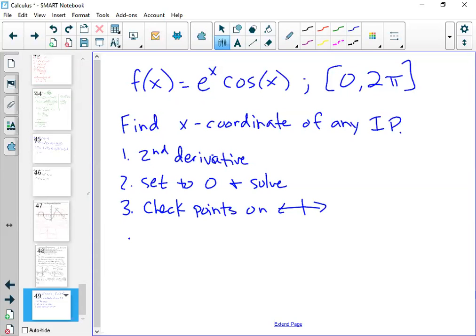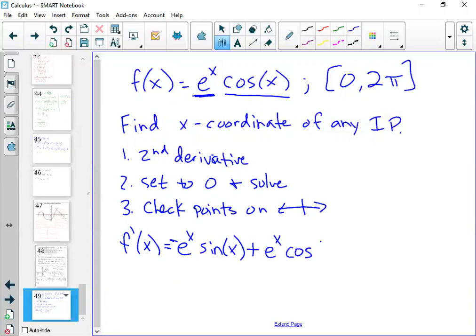So to get the second derivative, we're going to have to take the first derivative first. And we notice we have a product of two functions here. So our first function is e to the x, our second function is cosine. So the first times the derivative of the second, the derivative of cosine is negative, don't forget that negative, sine, plus the derivative of the first times the second.